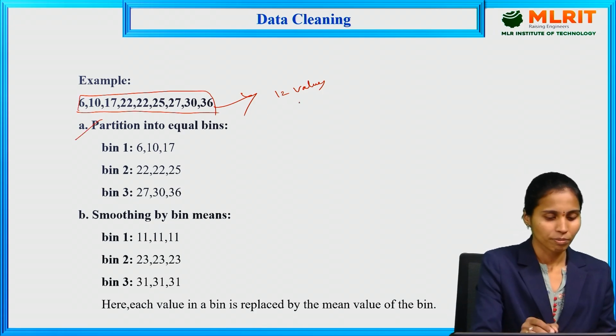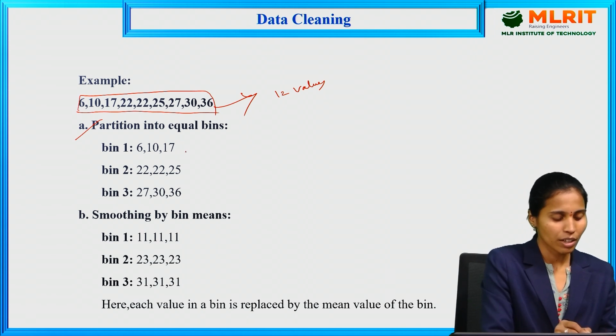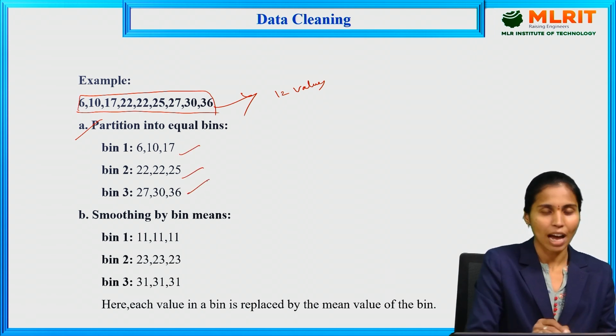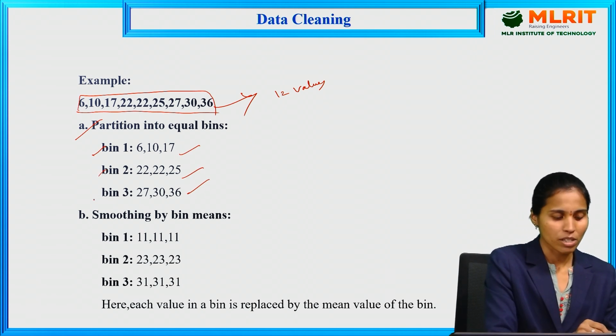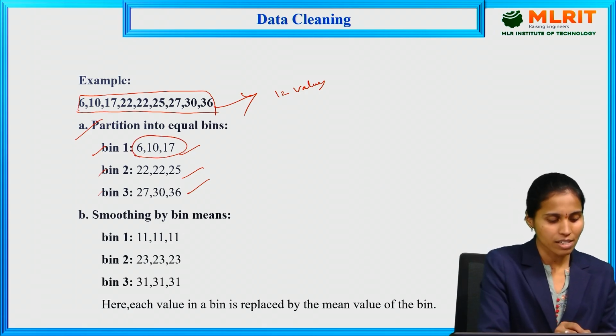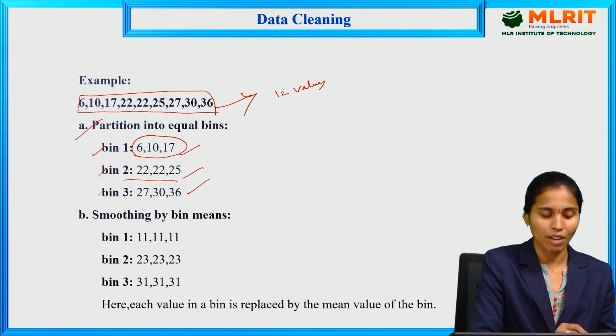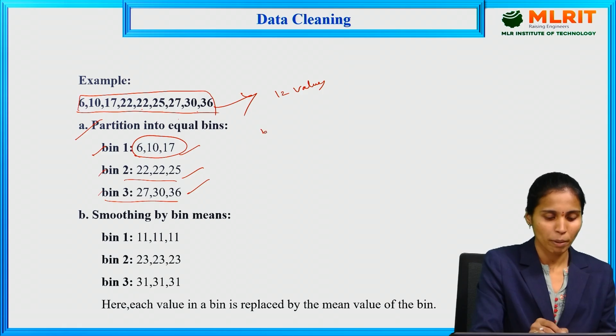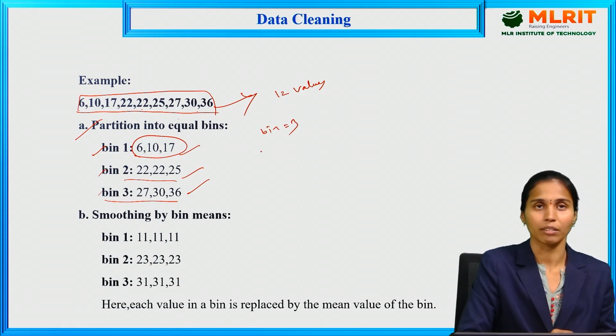So we need to divide them into 3 values in separate bins. Bin 1 has 3 values: 6, 10, 17. Bin 2 has 3 values: 22, 22, 25. Bin 3 has 27, 30, 36. So the bin size is equal to 3.